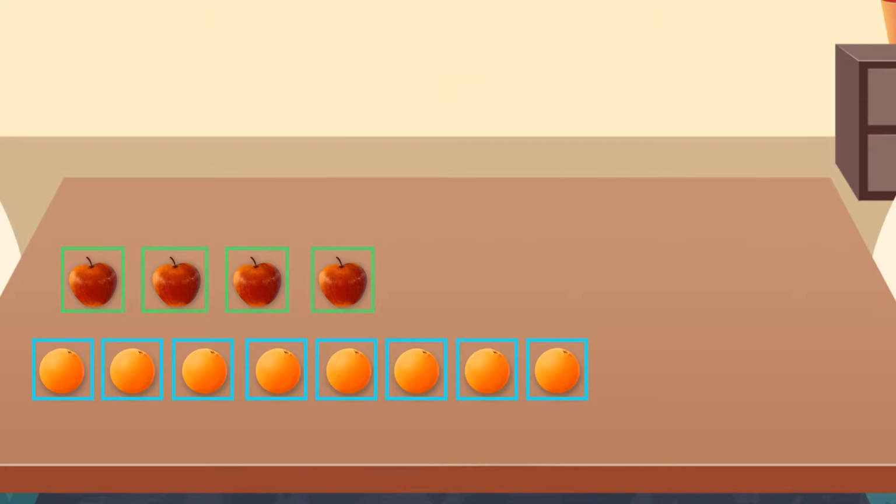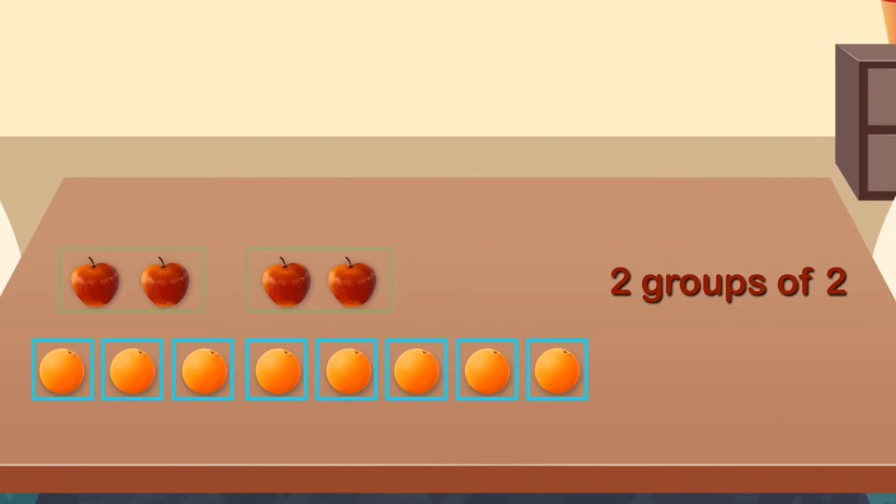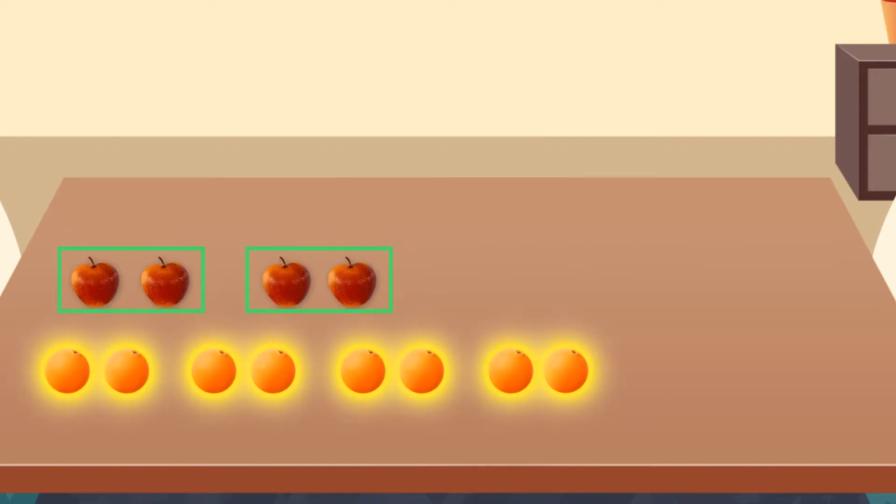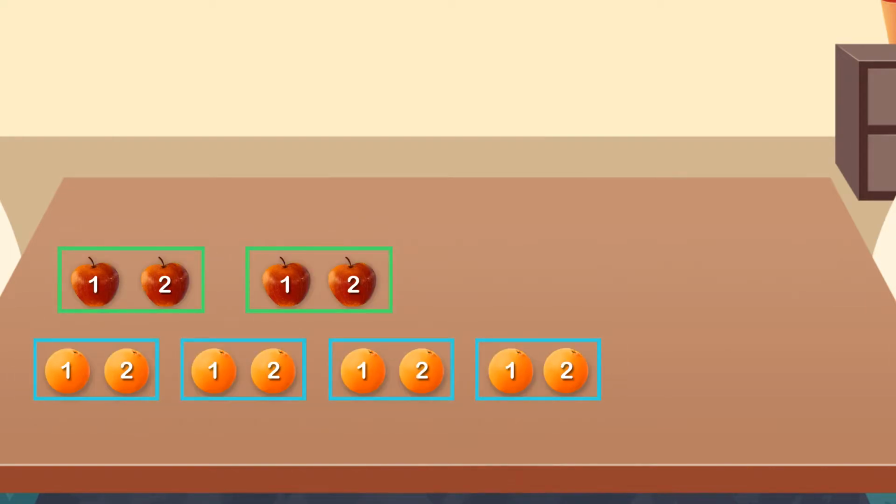Let's put the 4 apples into 2 groups of 2 apples each, and the 8 oranges into 4 groups of 2 oranges. This means we still have 4 apples and 8 oranges, but they are arranged in groups of 2 each.